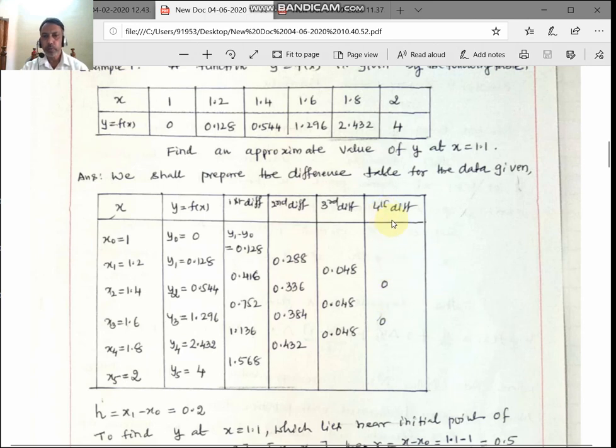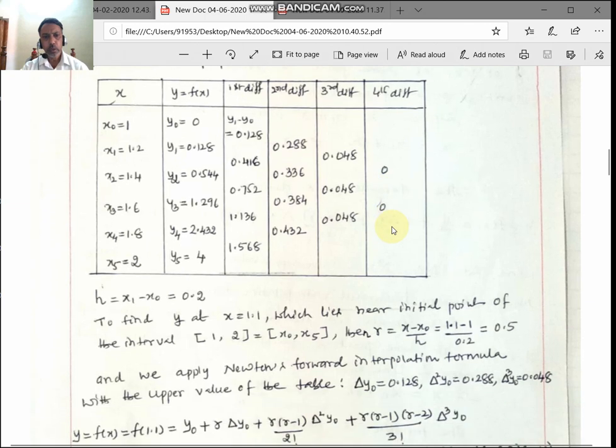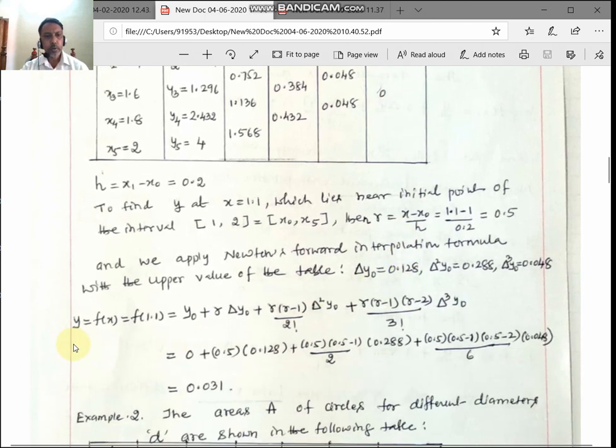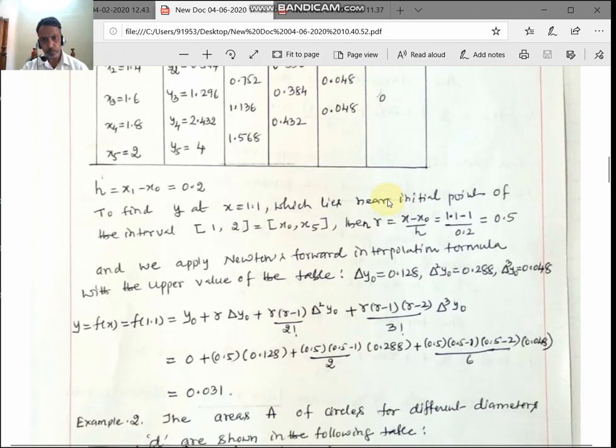The fourth difference is 0. Then we write the forward interpolation formula as y is equal to f of x, that is equal to y naught plus r del y naught plus r into r minus 1 by 2 factorial del square y naught plus r into r minus 1 into r minus 2 by 3 factorial del cube y naught. The formula stops here only because the fourth difference is 0.